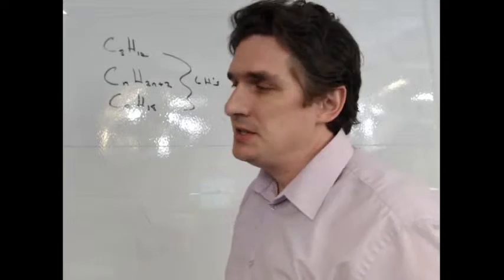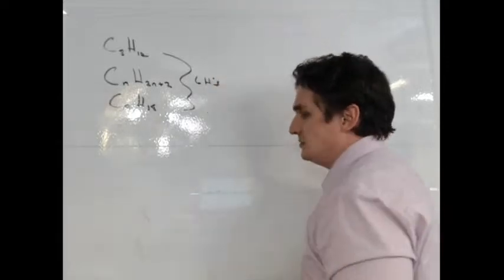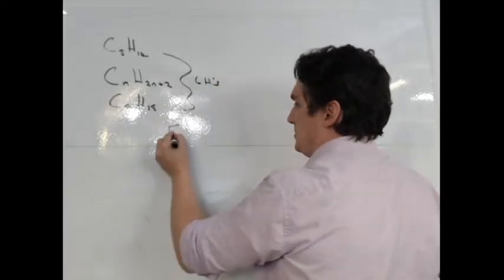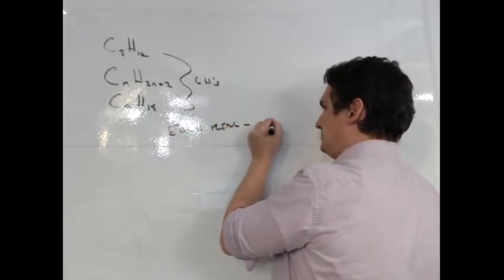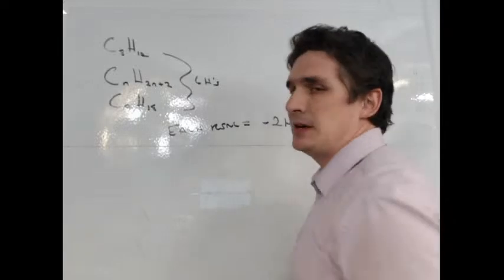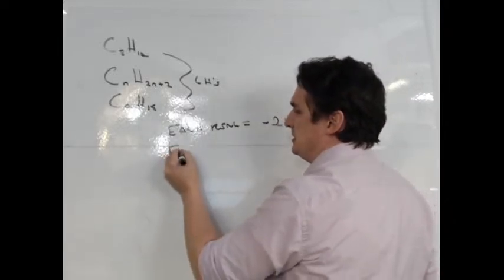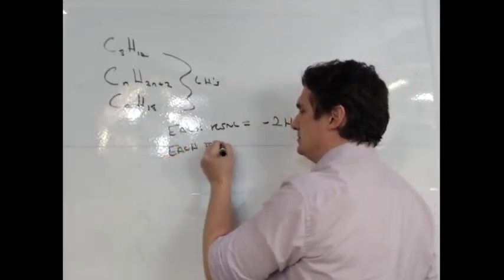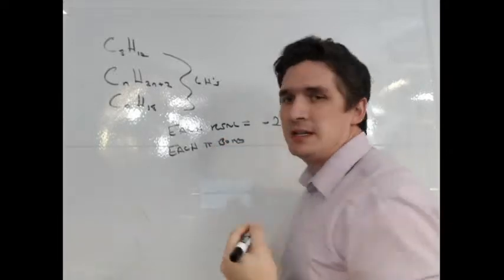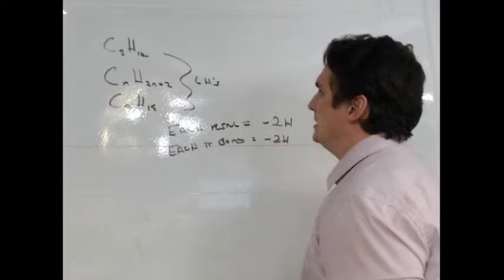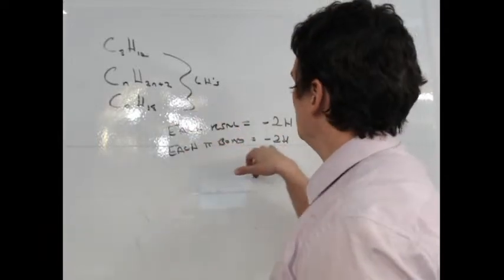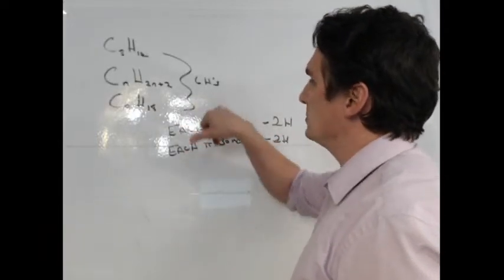Now, the 6 hydrogens can be lost 2 ways. For each ring we would subtract off 2 hydrogens, and for each pi bond, so this would be a double bond or a triple bond, we would subtract off 2 hydrogens. So since we have 6 hydrogens, we have the potential to create 3 pi bonds or create 3 rings.